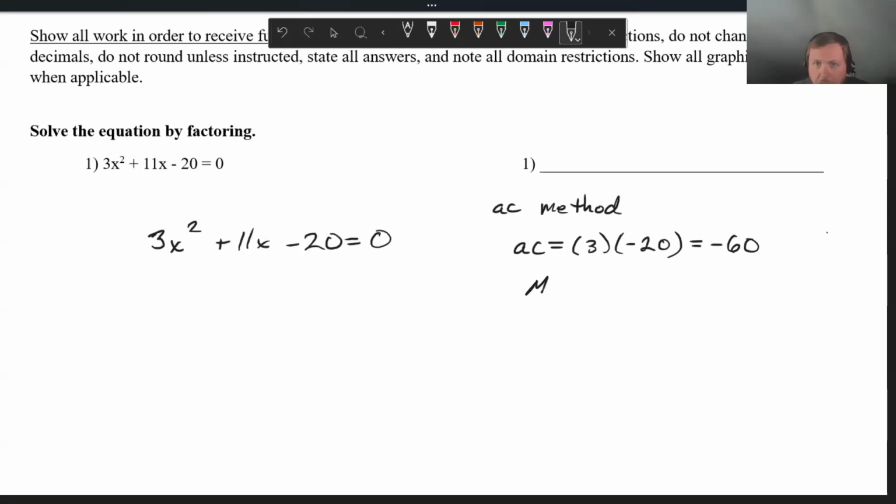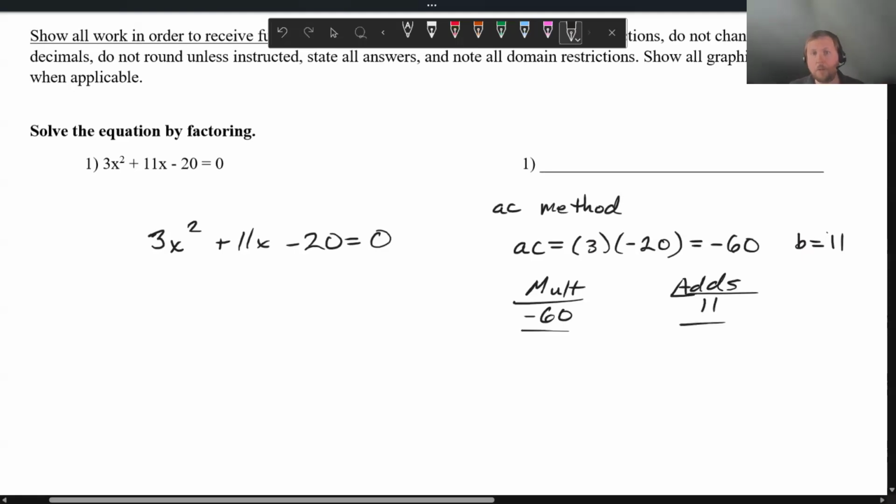So now I want to find something that multiplies to give me negative 60, and then adds to give me 11. Since my B is 11, that's why I'm choosing that. So multiplies to negative 60, adds to 11.